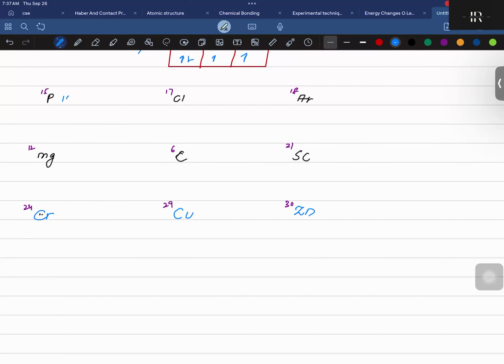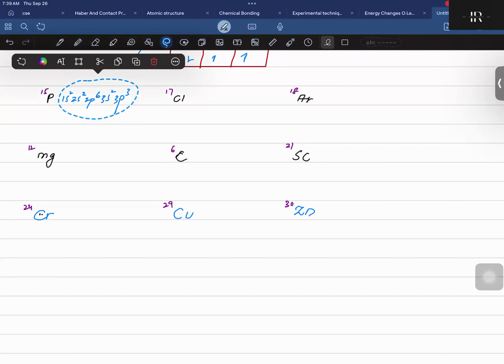So phosphorus would be 1s2, 2s2, 2p6, 3s2, then 3p3.